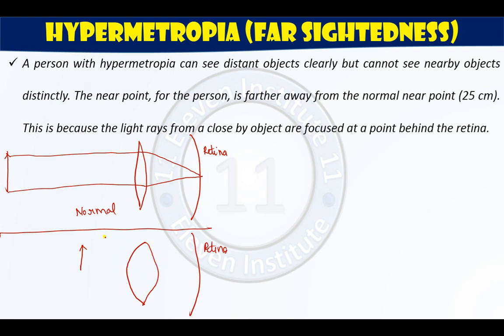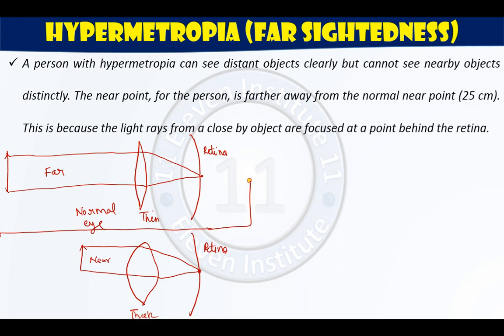The lens will become thick, and again the image will be formed exactly on the retina for a normal eye. So a normal eye can easily see the objects which are located far, and it can also easily see the objects which are located near, because when the eye is observing far objects, the lens is thin. When the eye is observing near objects, the lens is thick.